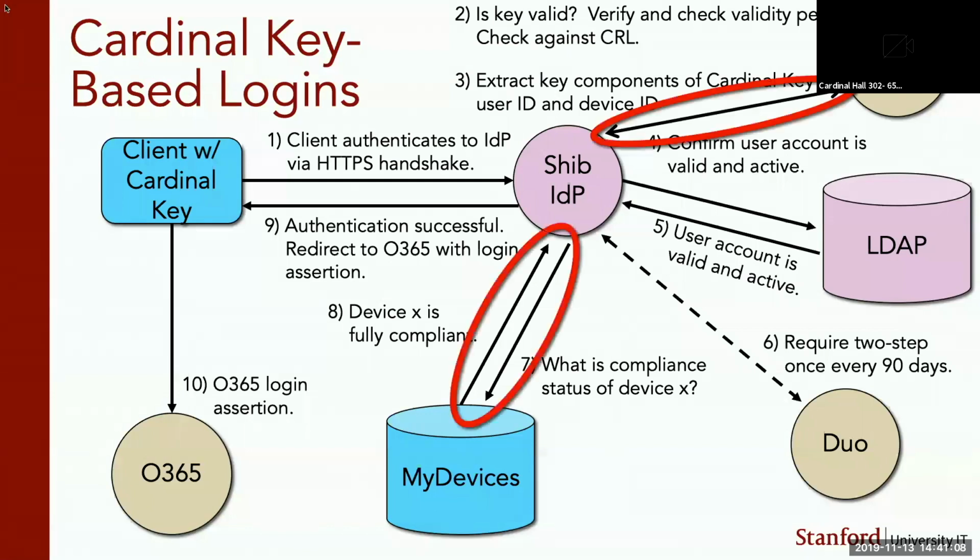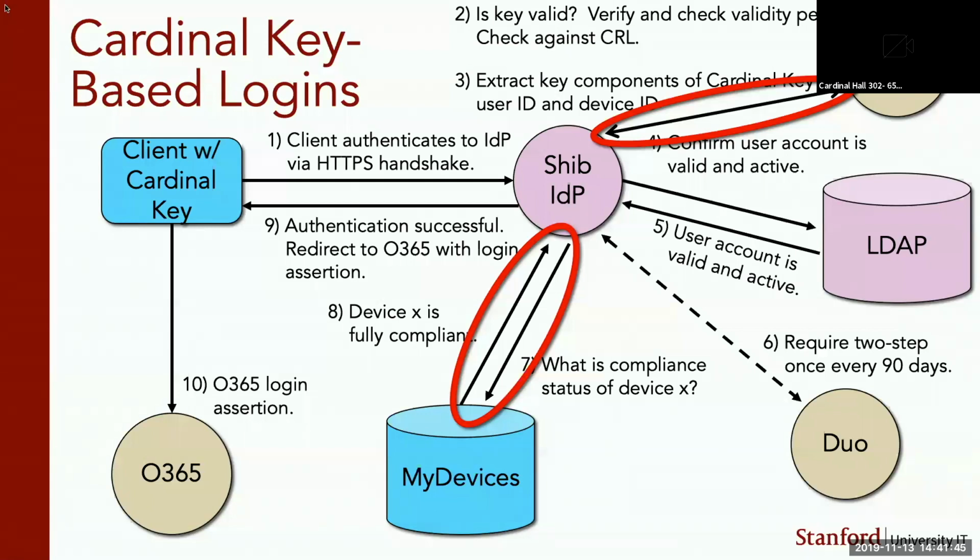So we identified 2 issues here. This was our initial sketch of what should happen, and I circled 2 problem areas. One is the CRL check, whether you do it through OCSP or an actual CRL list that you download, there's a lag time there that we consider unacceptable. Even if it's a half second, it's also a single point of failure that could cause major problems for this crucial login.